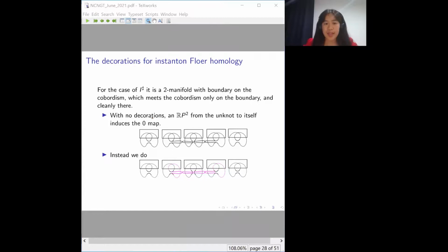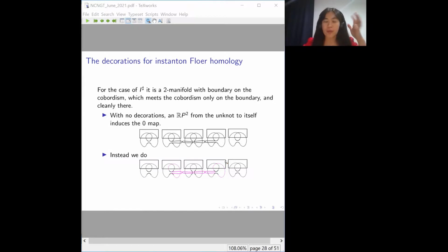In the non-orientable case, all the orientable pieces in our decomposition can be dealt with in the same way as what we just mentioned. So let's talk a little bit about what goes wrong with the non-orientable band and what to do about it. As a demonstration, in the instanton situation, what goes wrong with a non-orientable band is that an RP2 seen as a map from the unknot to itself, which is basically the unknot with a single non-orientable band, induces the zero map in this version of instanton Floer homology and most of the other versions that we care about.